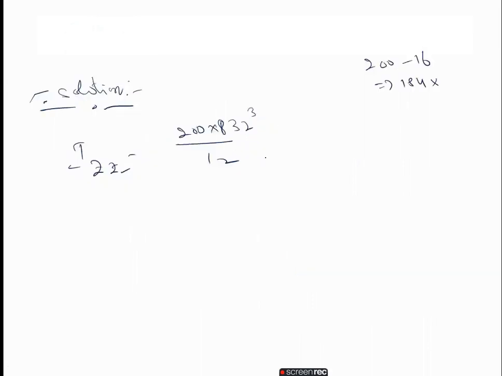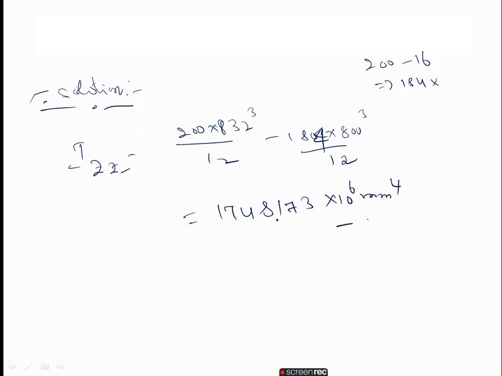So BD cube by 12 minus 184 into 800 cube by 12. So you will get around 1748.173 into 10 power 6 mm power 4.